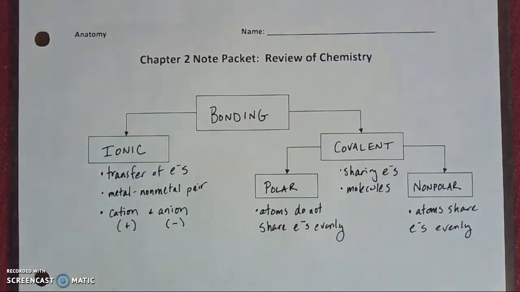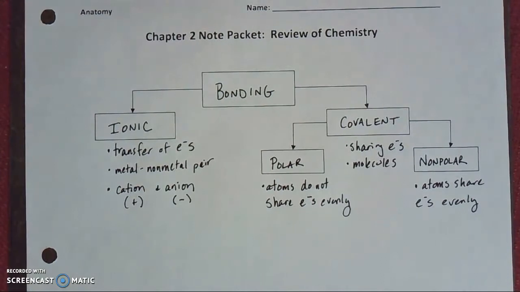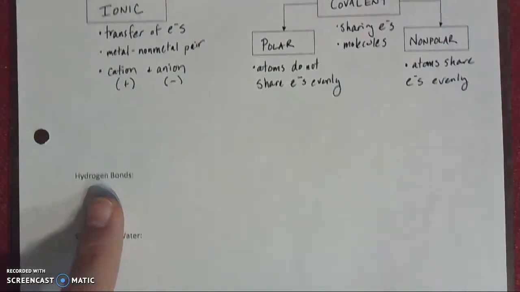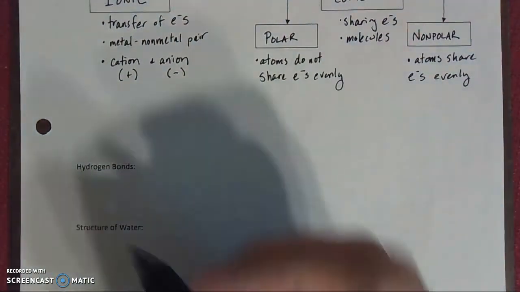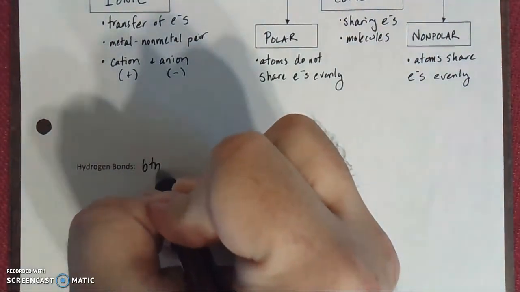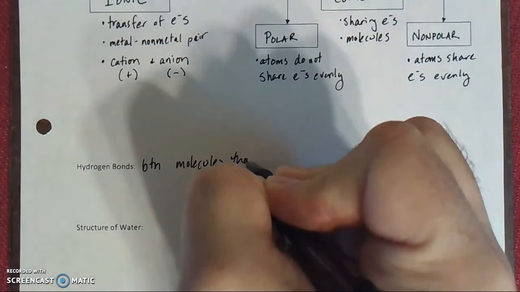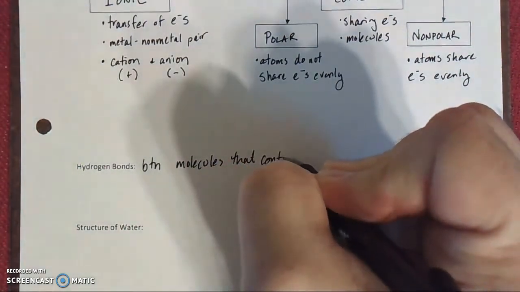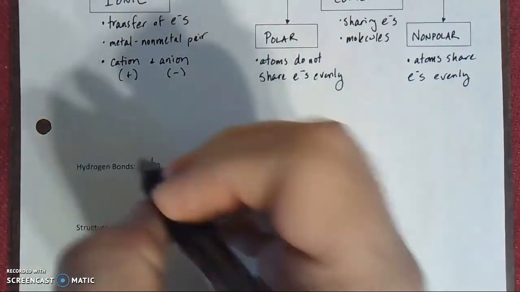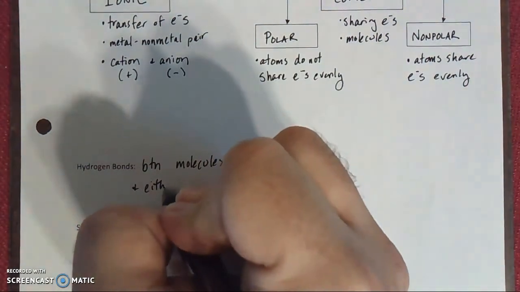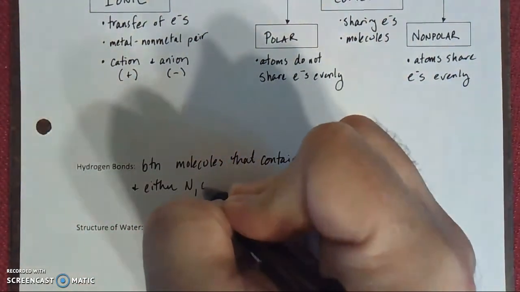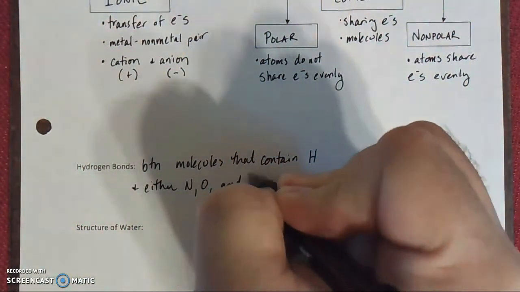So, if we look at this, we end up with a very special type of bond called a hydrogen bond. And this is between molecules that contain hydrogen and either nitrogen, oxygen, and or fluorine.